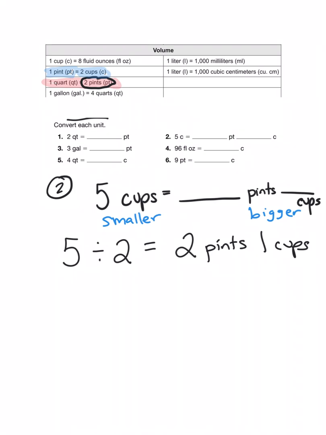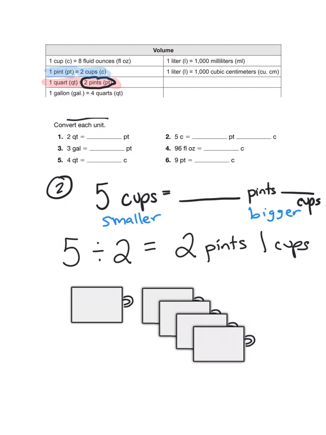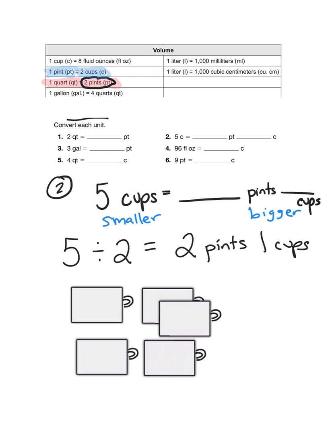So let's draw a cup, and I'll add a little handle to it to make it clear that it's a cup. And I've got 5 of these. So here's 2, 3, 4, and 5. Remember, we've already said that we can combine 2 cups to make 1 pint.